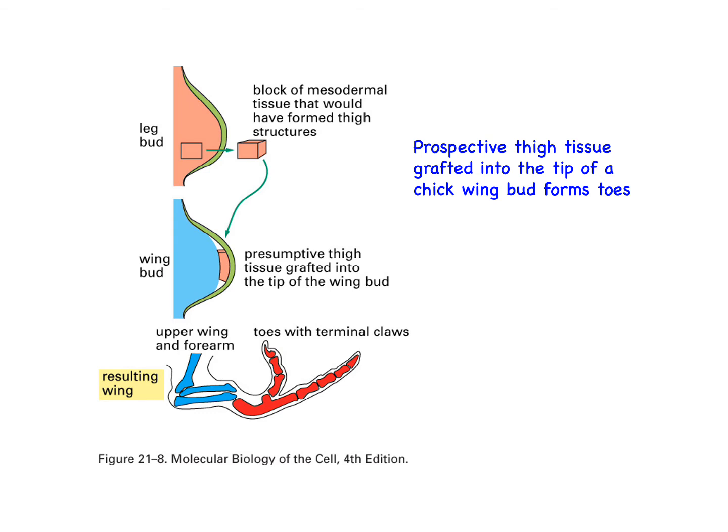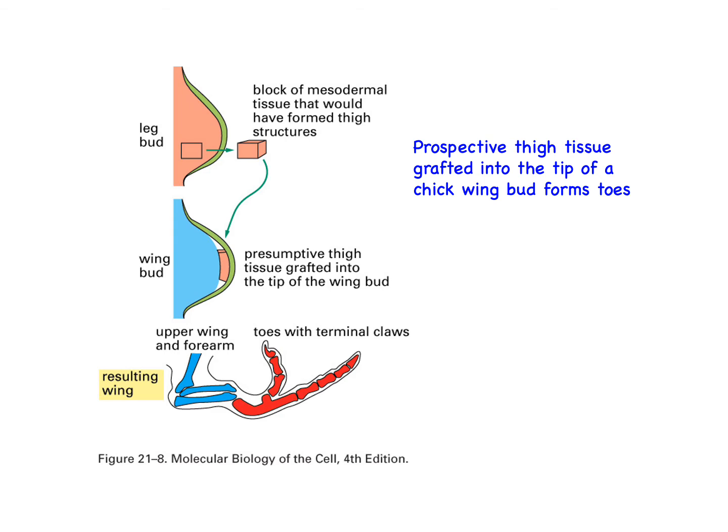So what this is showing us is that those cells that were taken out of the leg bud, even though they showed no sign of differentiating into different leg structures, were already fated to be leg cells, and so moving them, in this case, to the wing bud did not change that.